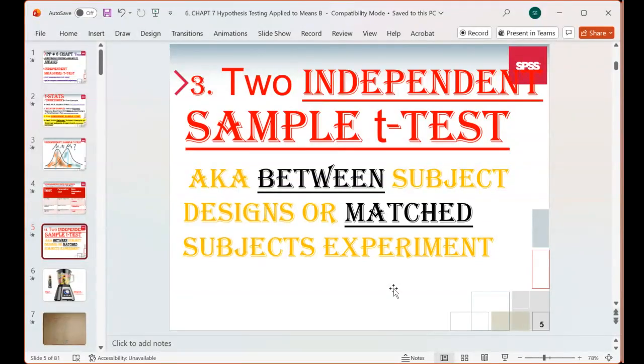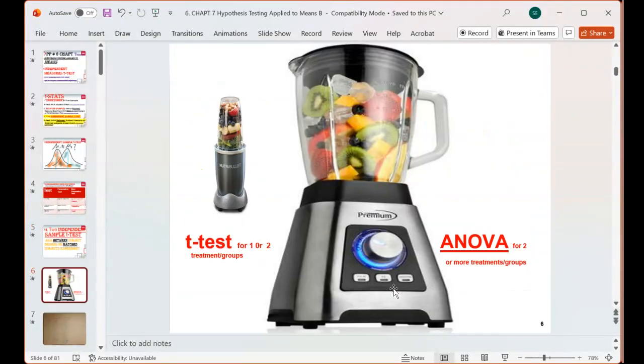And then the last chapter we're going to cover next time is ANOVA. I just want to let you know that ANOVA is just another t-test. What's the difference? For t-tests, you use 1 or 2 samples.